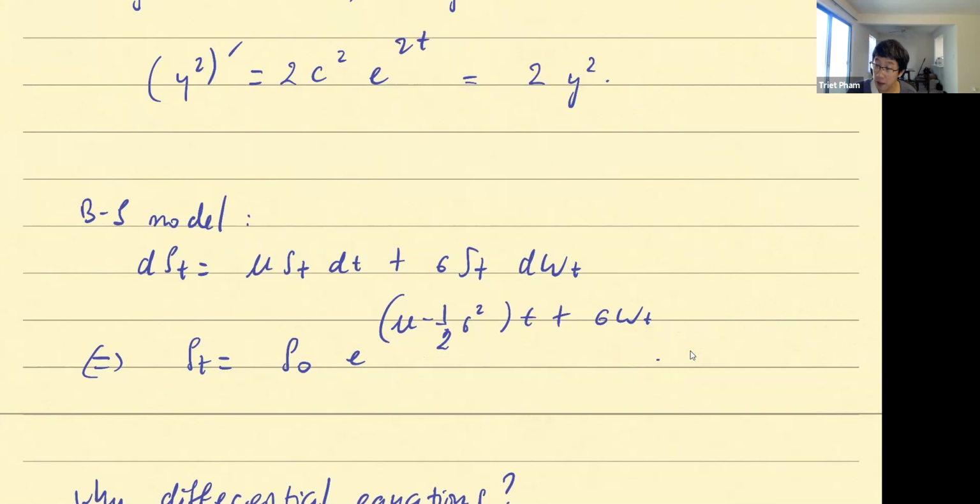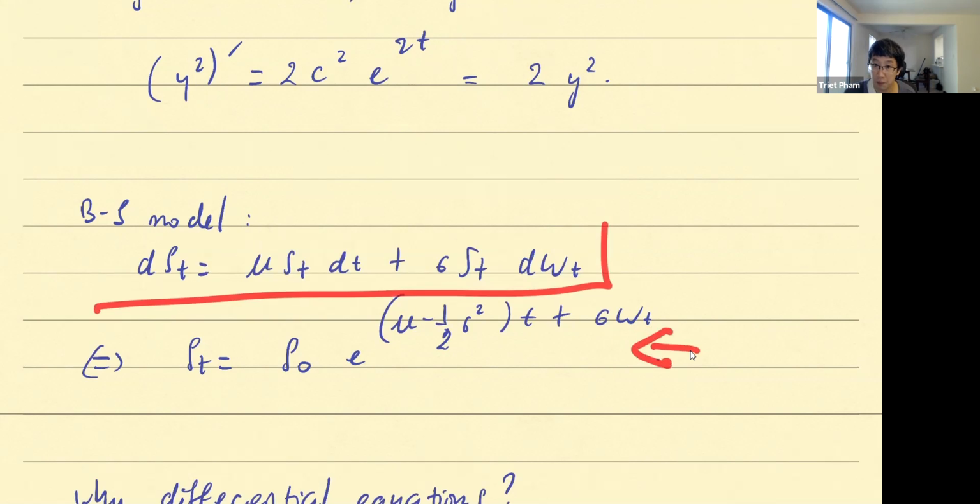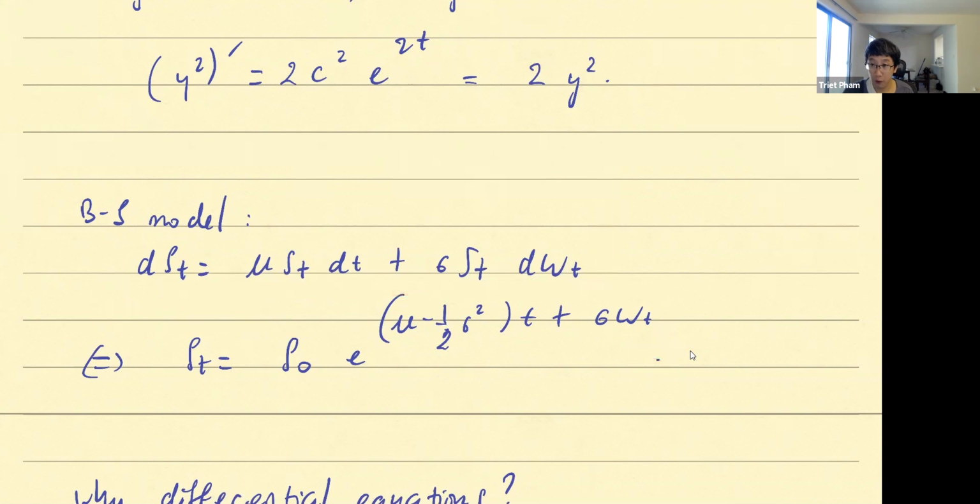But to understand what we're saying about the behavior of the stock, the differential says much more. So I would argue that this is the Black-Scholes model. This right here is just some after effect where we recover the explicit value, the explicit solution where we can. All right. Any question?